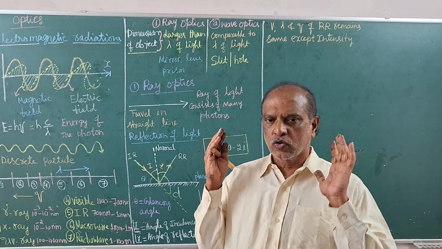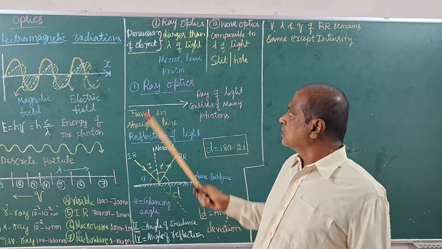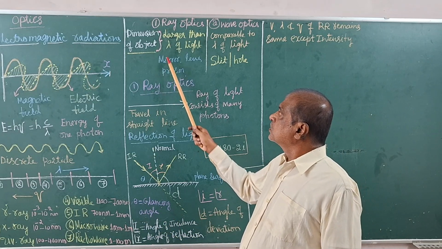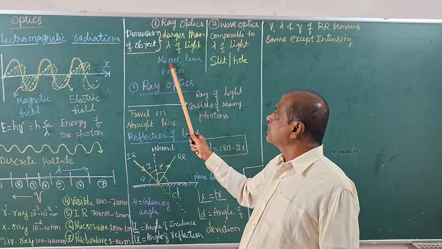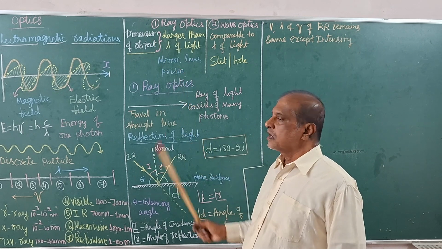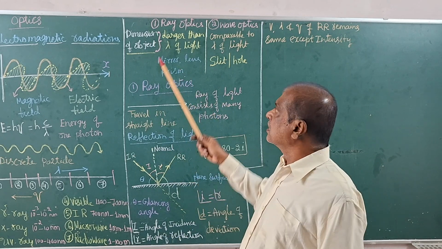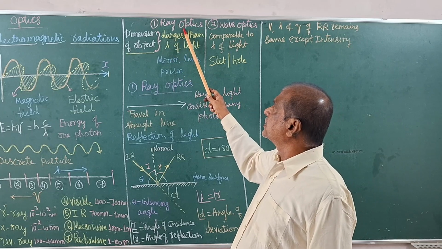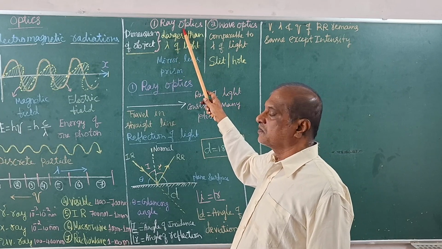The size of this mirror, lens and prisms are very much greater than the wavelength of the light. That is the difference.